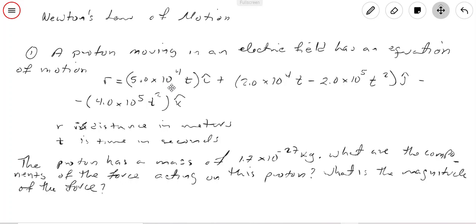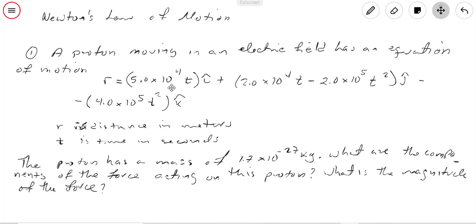The proton has a mass of 1.7 times 10 to the negative 27 kilograms. The question is, what are the components of the force acting on this proton, and what is the magnitude of that force?